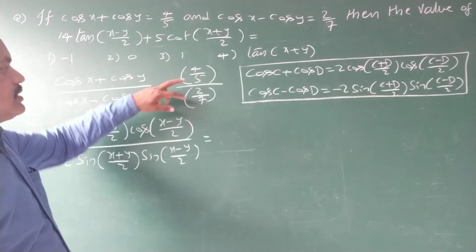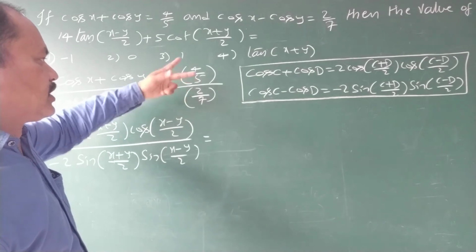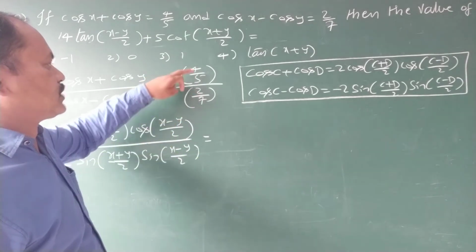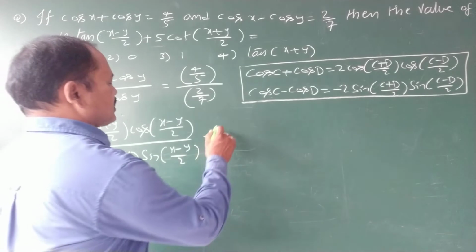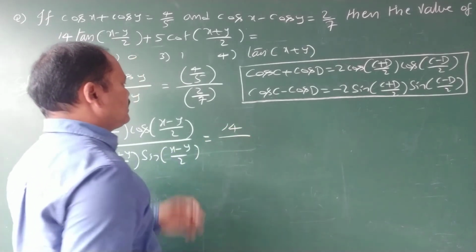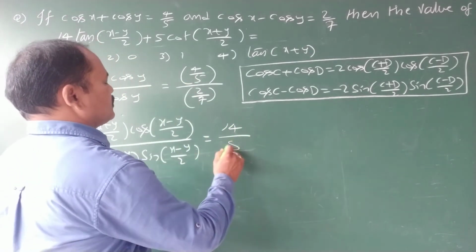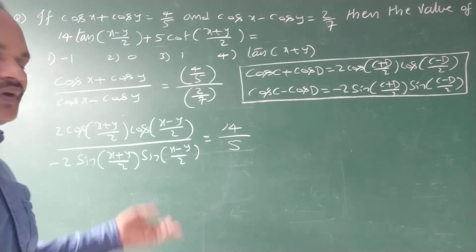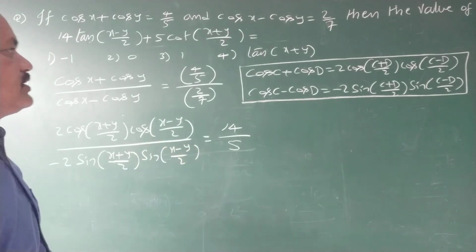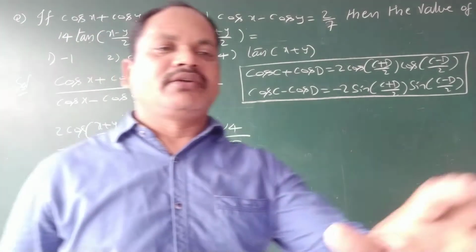Now we have to write the reciprocal. Here the 2 gets cancelled, then 2 into 7 is 14 by 5. So that is 14 by 5, the ratio of the RHS.